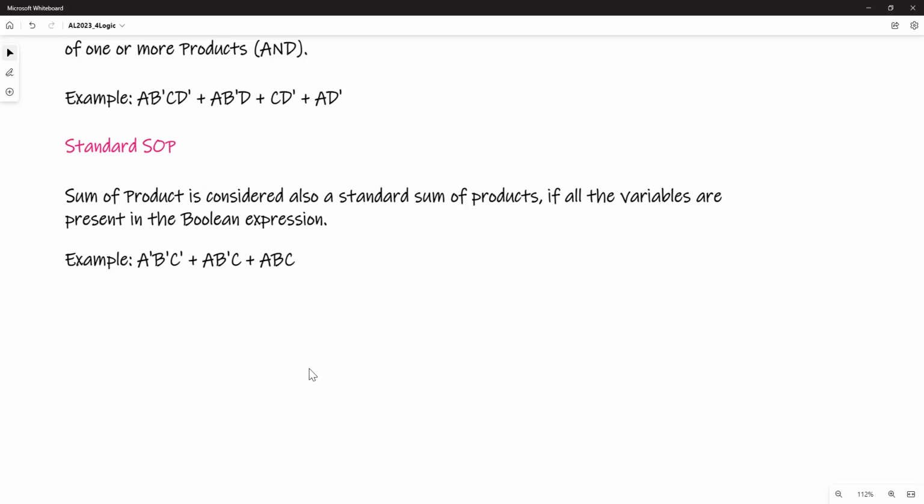That means in this one, we have only three. All the three representations are inside this.